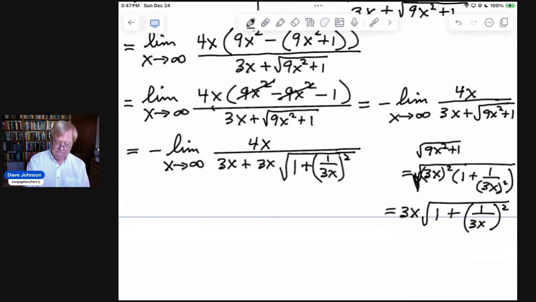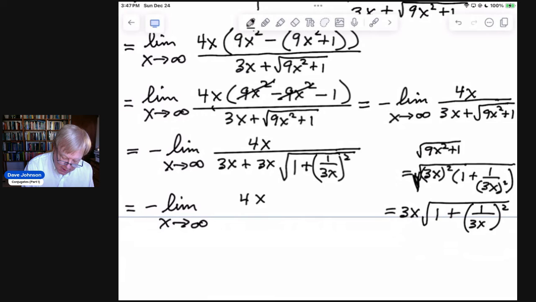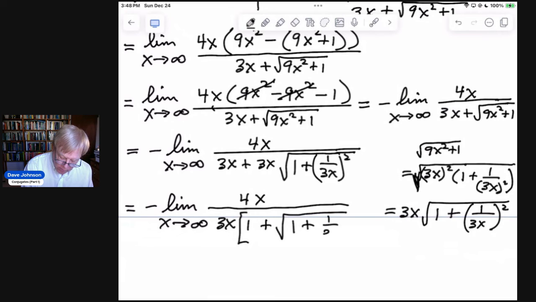Well, I can factor out a 3x here, so let me rewrite the whole thing: minus the limit as x goes to infinity, 4x upstairs, downstairs 3x times 1 plus the square root of 1 plus 1 over 3x squared.